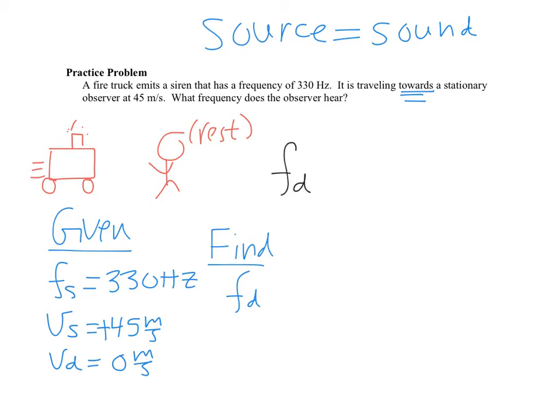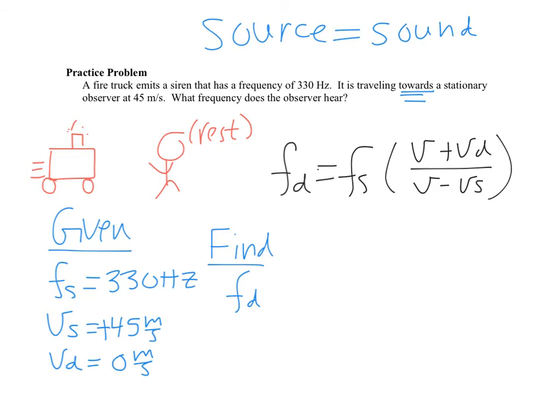So FD equals Fs times V plus Vd over V minus Vs. In this case, our detector is at rest, so that goes to 0.